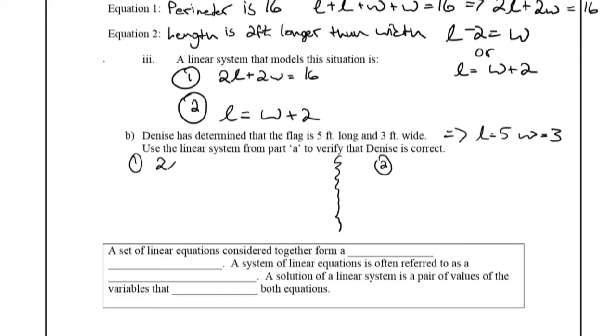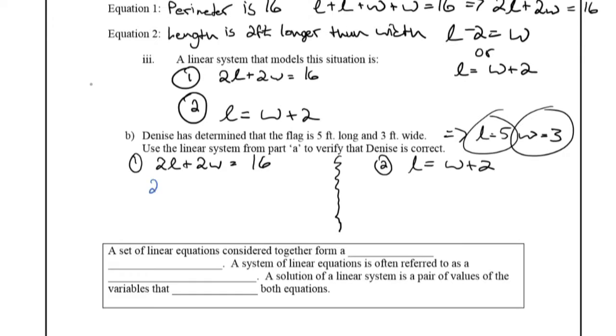So if I have 2L plus 2W is 16, and I have length is W plus 2, I should be able to substitute these values in for length and width to figure out if they are in fact correct. She says the length is 5, so I'm going to put in a 5, and she says the width is 3.